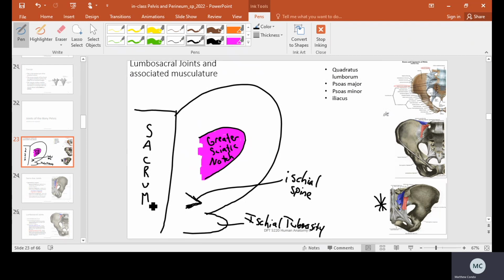The first one is going to come off the anterior portion of the sacrum, and it's going to attach in here to the ischial spine. This guy here is going to be called my sacrospinous ligament.